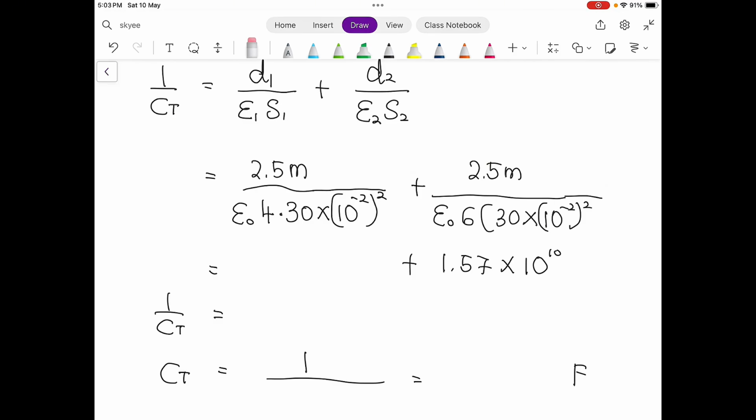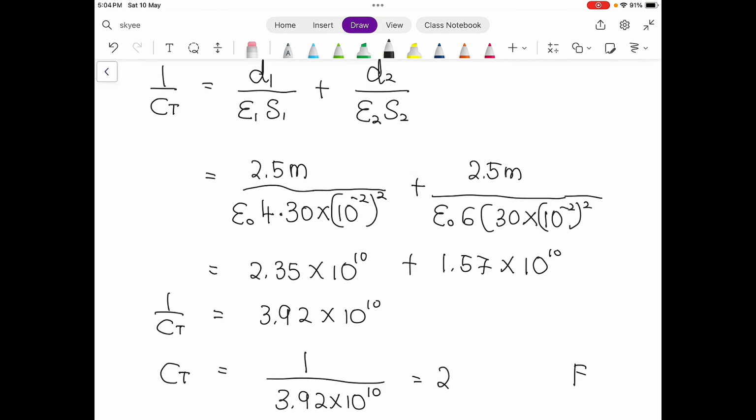So this is 2.35 times 10 power 10, and this is 3.92 times 10 power 10.